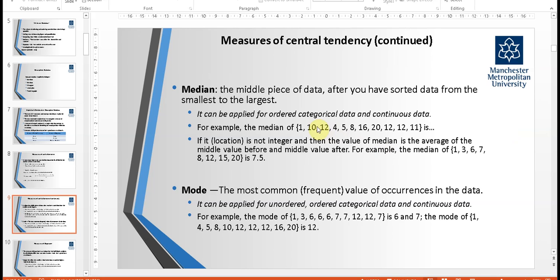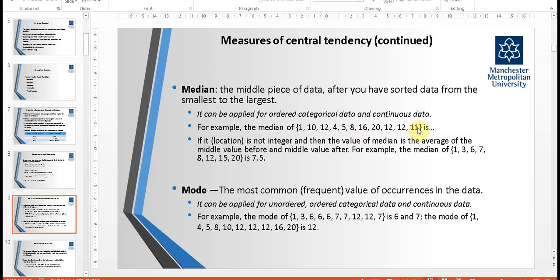So if you look at this series of data and try to find out the median position or the median value, then the first thing you need to do is basically rearrange this series of data from the smallest to the largest, or from the largest to the smallest value. And you need to find the number that sits in the middle.